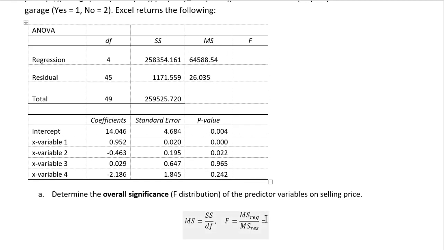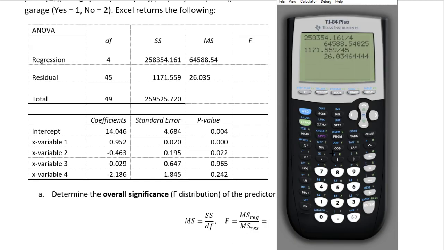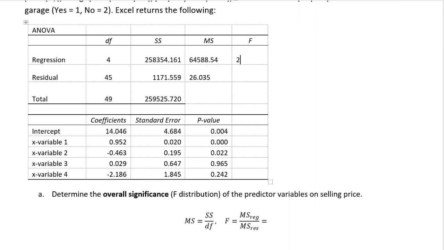So we have 64588.54 divided by 26.035, and you get 2480.86.